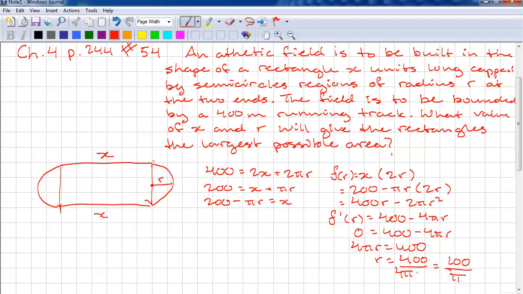And then to find x, you just go back to this equation and substitute r into the equation, which is 400 equals 2x plus 2 pi times 100 over pi.